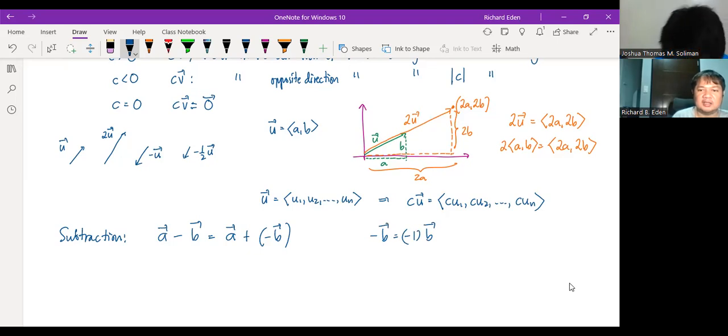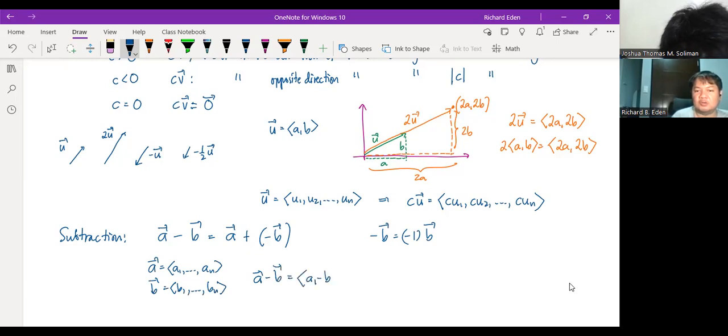Then we see that if A has components a1 onwards to an, and B has components b1 onwards to bn, then the vector A minus B is simply A1 minus B1 onwards to An minus Bn. So you just do it by components.